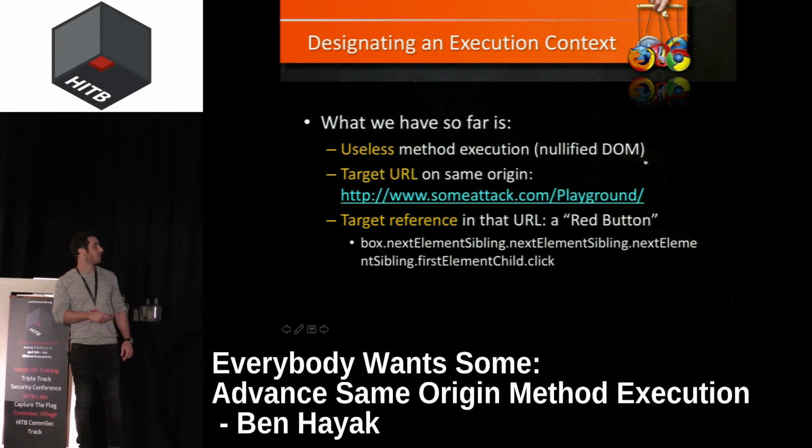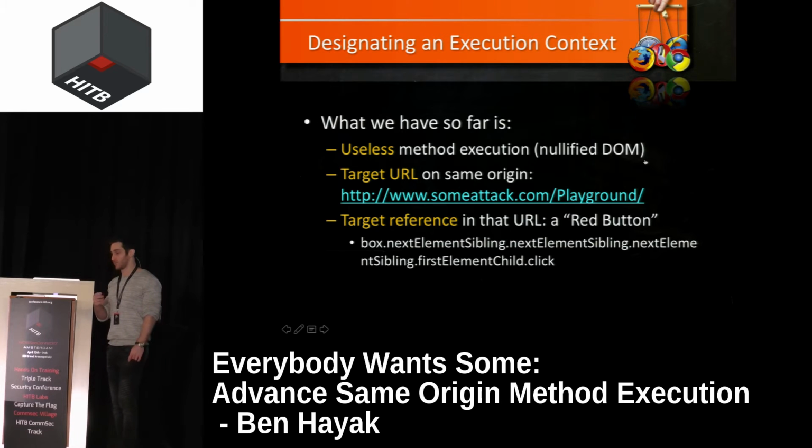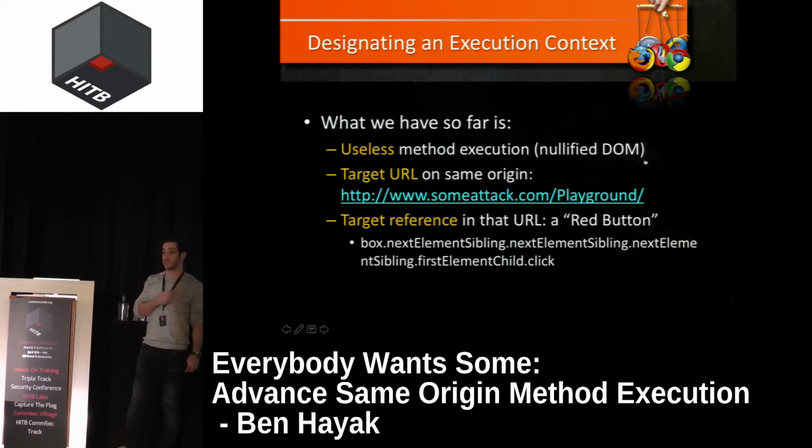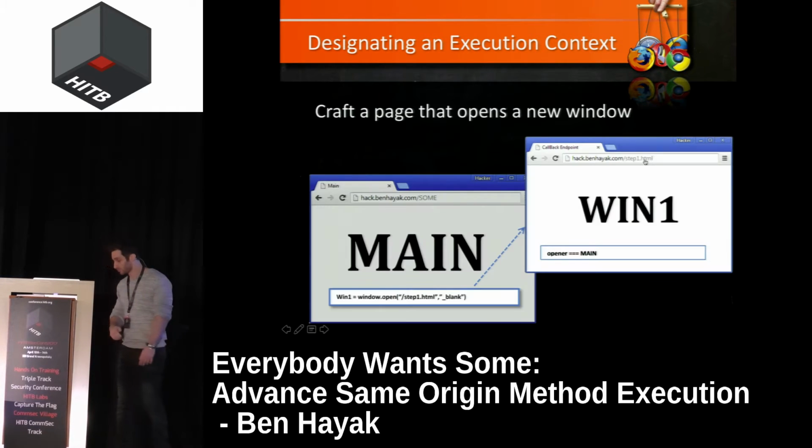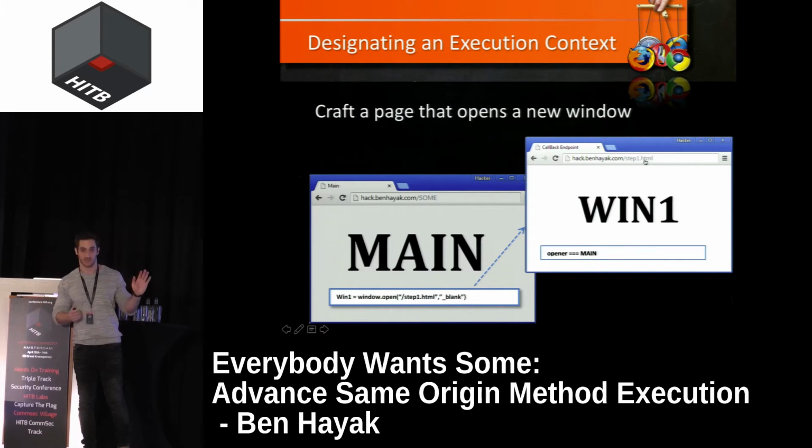Now, for planning, we need to somehow make the execution happen in the context that is useful for us, hence our target URL, which is here. So what we do is we craft a page, evil.com, and open another pop-up to the target page. That's it.